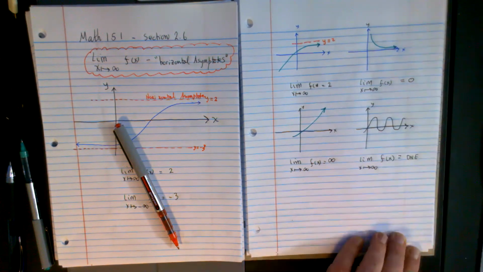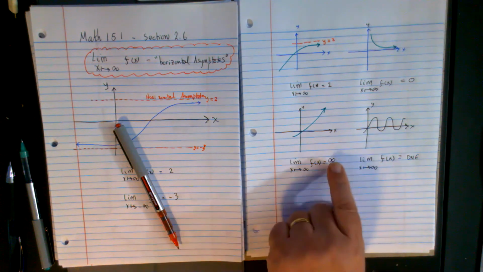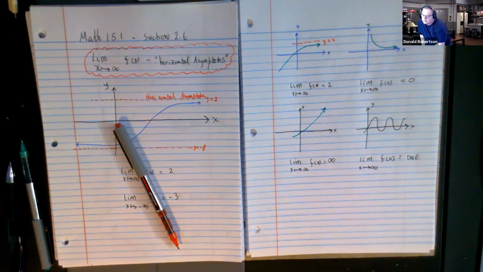Does it make sense that in this situation there's no one number? Isn't this thing oscillating between 1 and -1, and all the other values in between? And when there is not a specific place, even if that place is infinity, then that is a DNE, a does not exist limit.